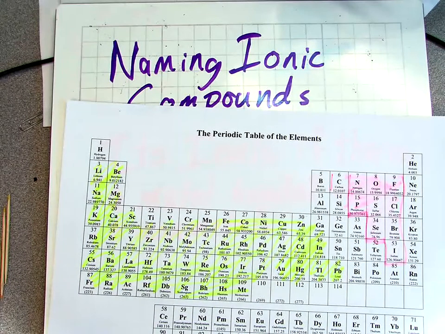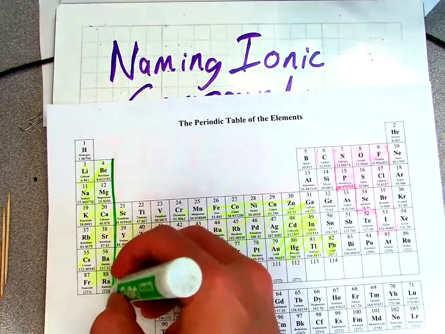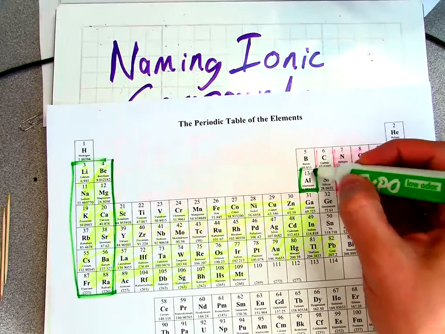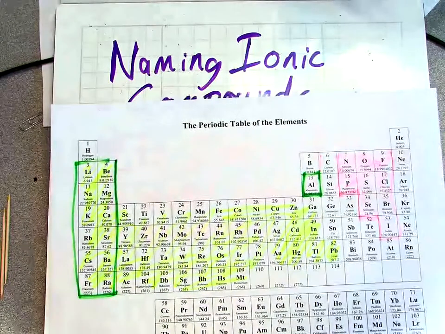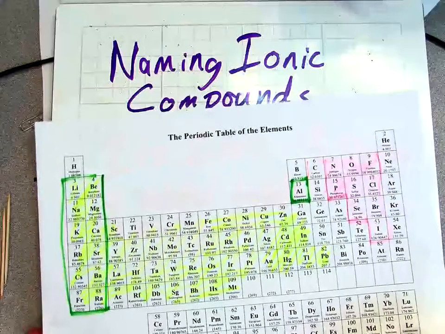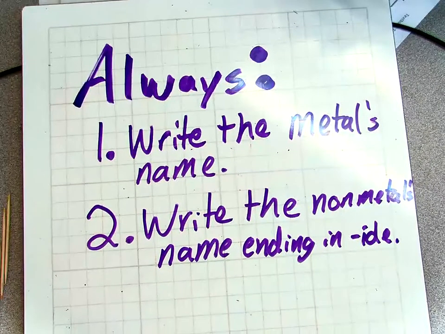Now, it's really easy if we're doing non-transition metals. So that's any of these or aluminum bonded to one of these pink ones. Okay? So let's go about how we do that. First off, the number one rule is you always write the metal's name.